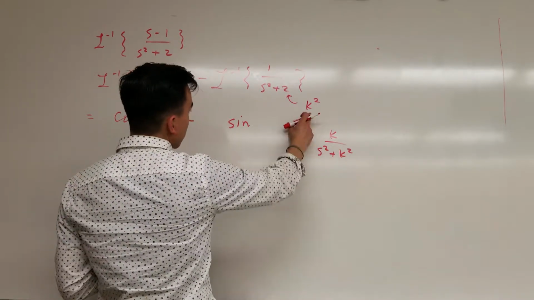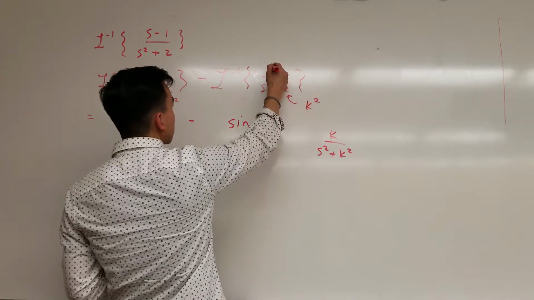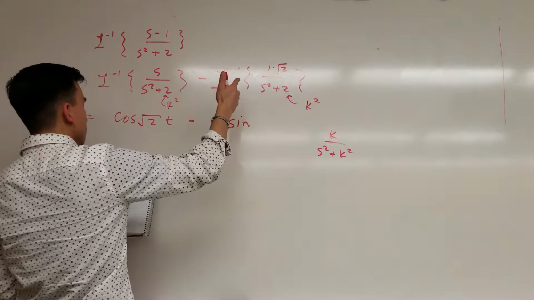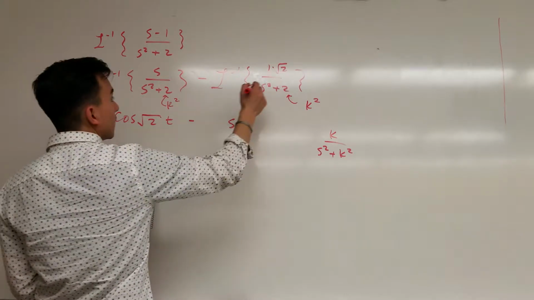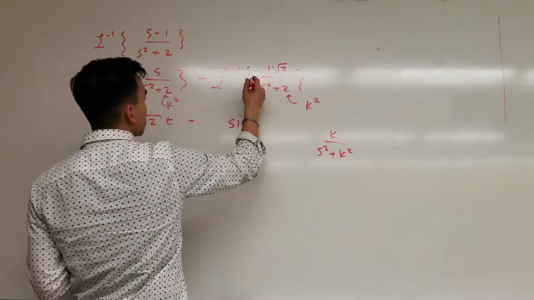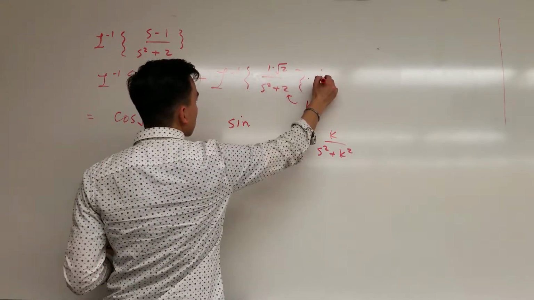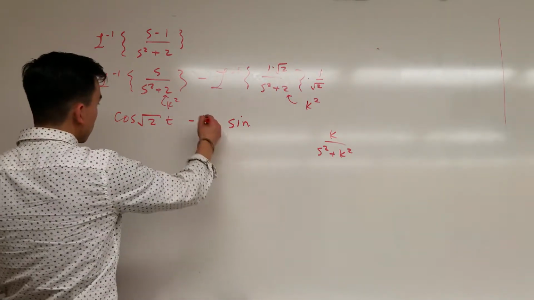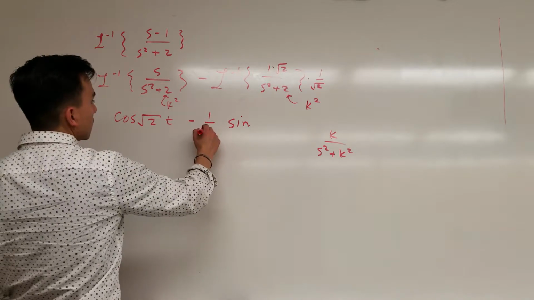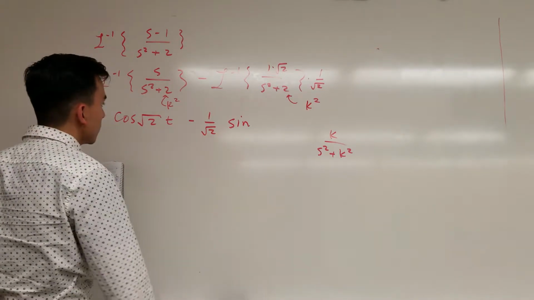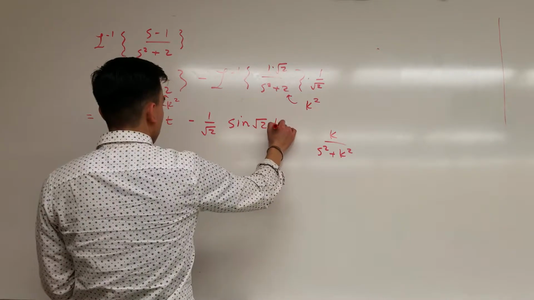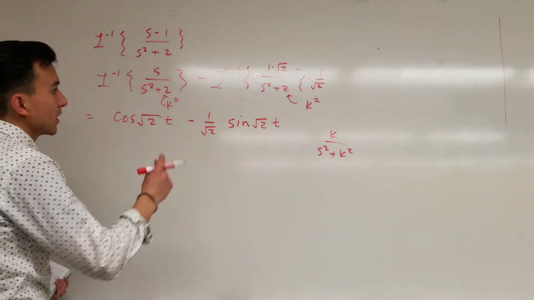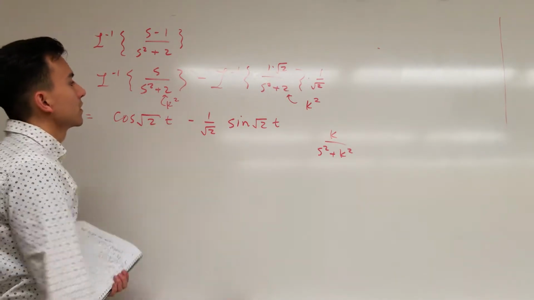So if our k is the square root of 2, that means this has to be multiplied by a square root of 2 on the top and the bottom as well. So whatever you do to the top, you do to the bottom, right? So now I have 1 over the square root of 2 times the sine of square root of 2 t.